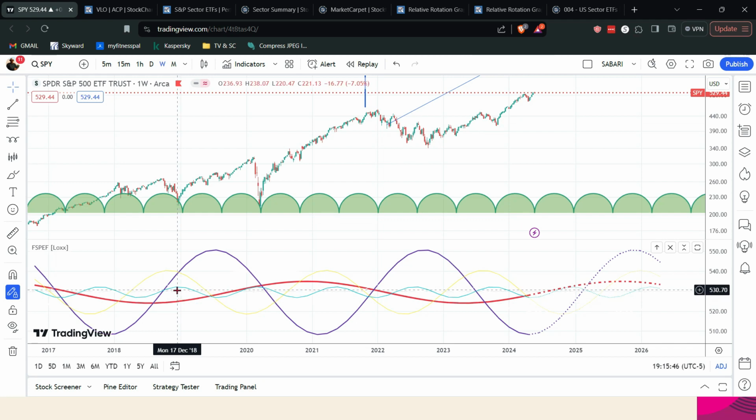And within this red cycle, there are 2 purple cycles. Right? So this is considered as second harmonic. In comparison with blue cycle, red cycle is considered as 1/4 harmonic. In comparison with red cycle, purple cycle is considered as second harmonic.